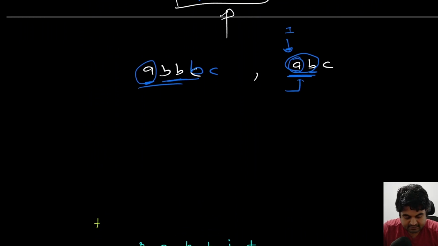So since we are given 3 b's over here, we know for a fact that there are going to be 3 distinct ways for us to generate a b, no matter what. And now when we are dealing with c and we realize that there is only one c over here, it does not add any more ways to generate this value. So overall the answer is going to be 3. But let's say if we are also dealing with 2 c's and a d, then the answer might change.